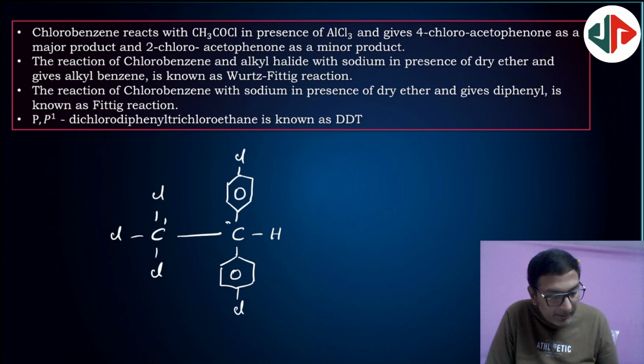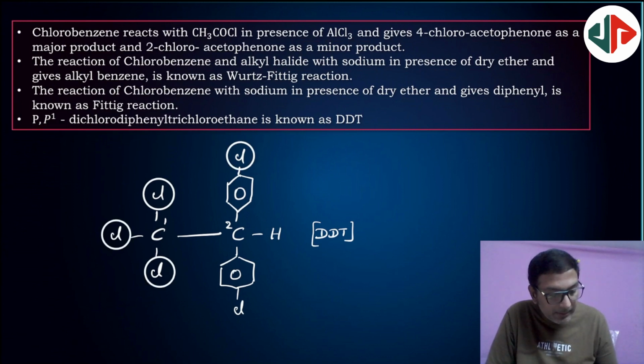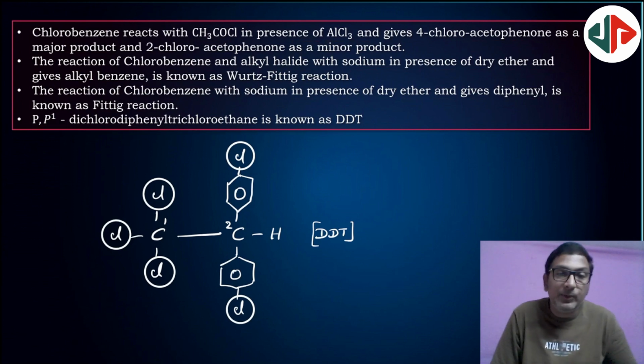Here 1 and here 2. So this is the structure of DDT. In DDT structure, we have 5 chlorine atoms. Very, very important. A powerful insecticide. DDT: dichloro, diphenyl, trichloro, ethane.